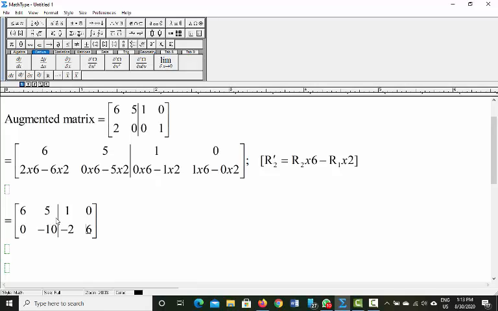Now we will target this one. We will bring this 0 here.